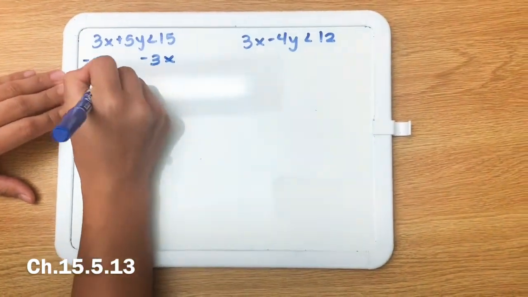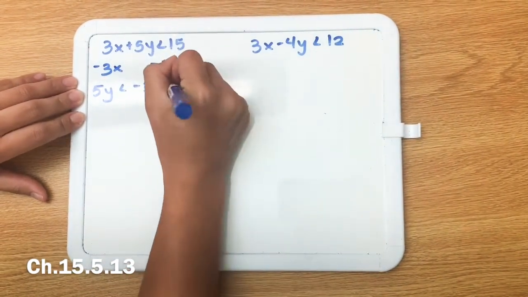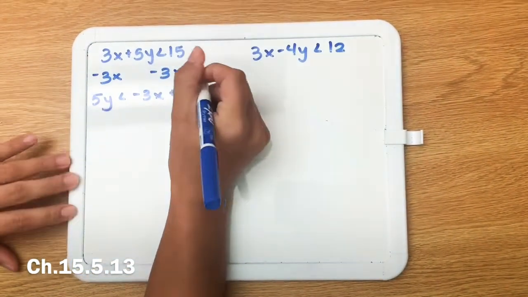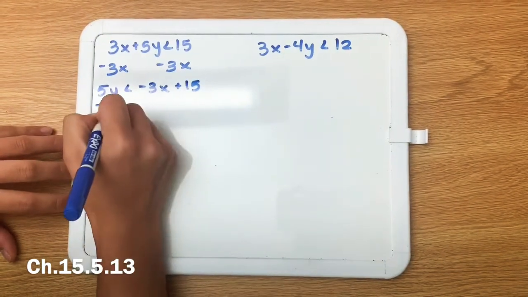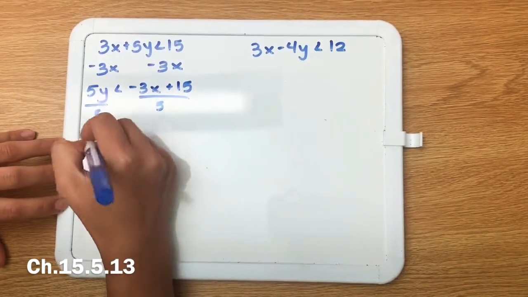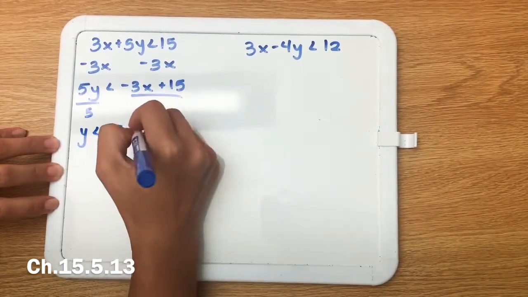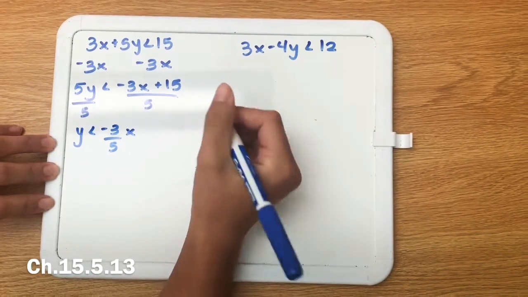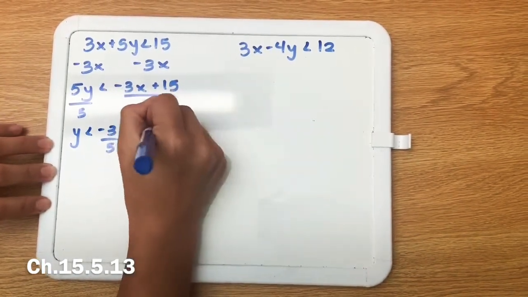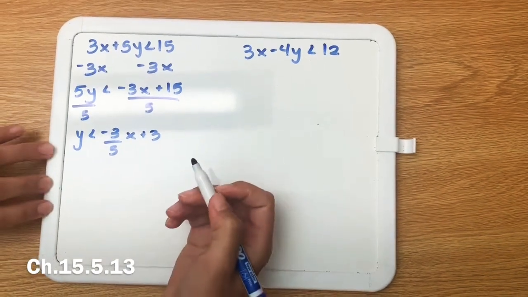So it's going to be 5y is less than negative 3x plus 15. Because the y is still not by itself, we're going to divide both sides by 5. So it's going to be y is less than negative 3 over 5x. Because 15 divided by 5 is 3, it's going to be plus 3. So that's the equation for your first line that's going to go on your graph.